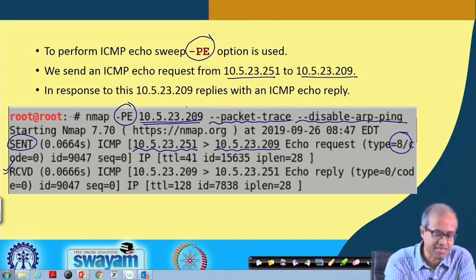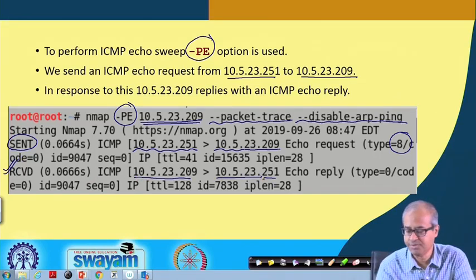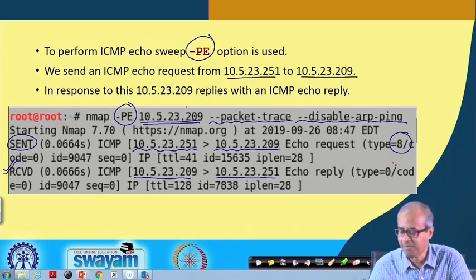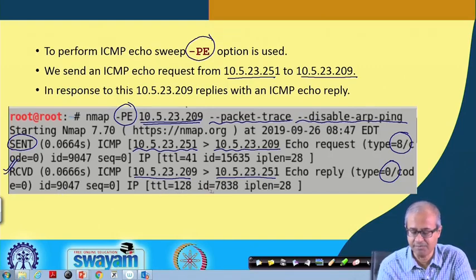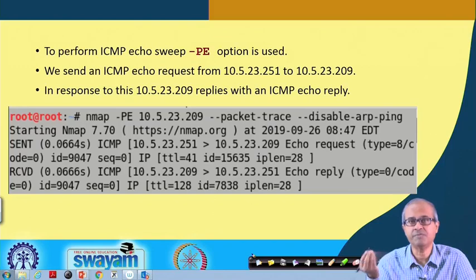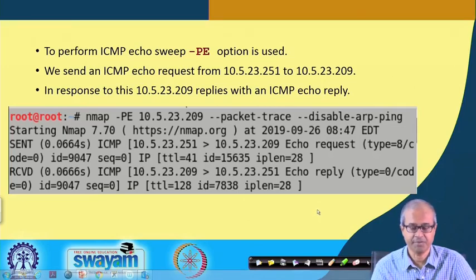And you can also see the received packet coming back from the target machine to my machine. The reply packet, as I said, is of type 0, and the time to live, ID, IP length, etc. are also printed. So, if you see that a response is coming back, then you can conclude that the particular IP you are trying to query is up.